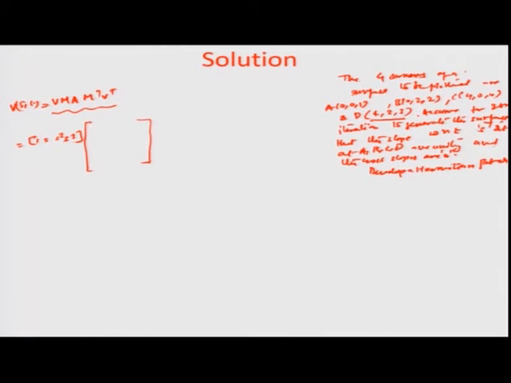In this particular case we are talking about 1 0 0 0, 0 0 1 0, minus 3 3 minus 2 minus 1, 2 minus 2 1 1, times the A matrix.